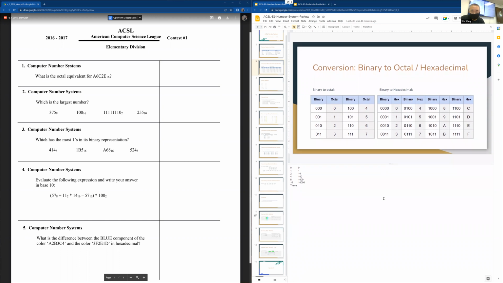Let's do that here, right? So the first one is A6, A6, C2E, right? That's the hexadecimal number. Let me make this a little bigger.